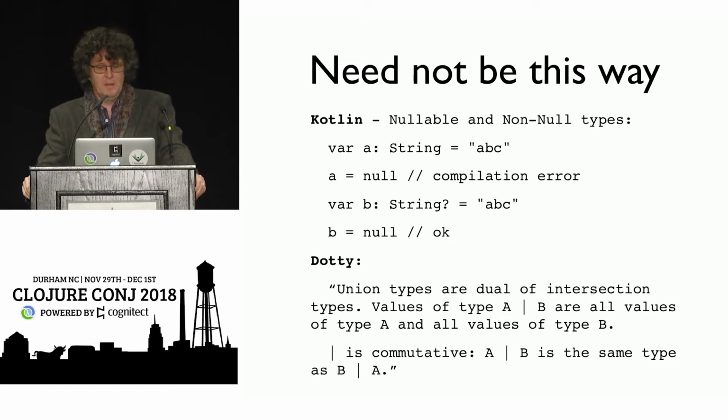Or is commutative. A or B is the same type as B or A. I think this is awesome. I have never used a type system where I haven't desperately wanted this. So it can be different. Do not get lectured to by people about Maybe and Either. They are not the best answers in type system world.